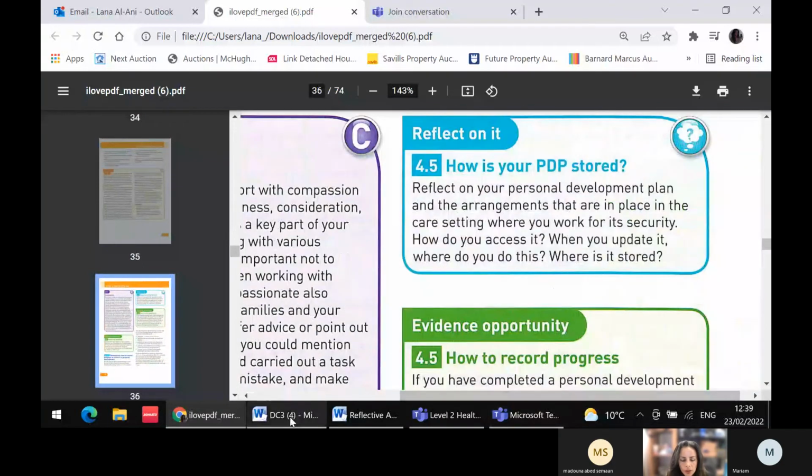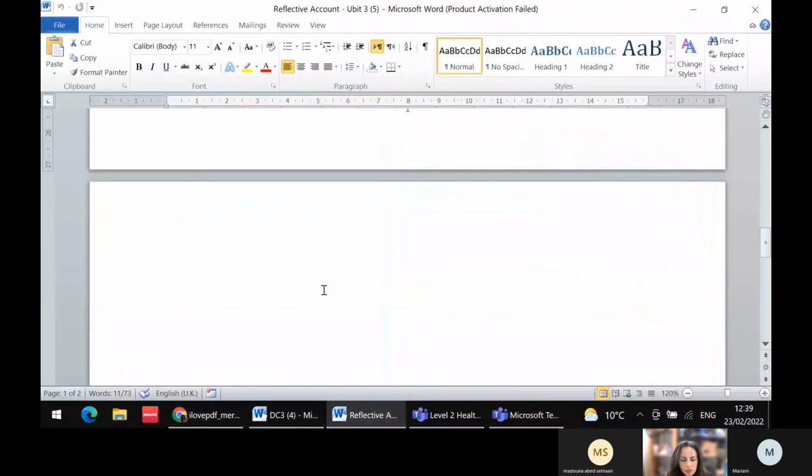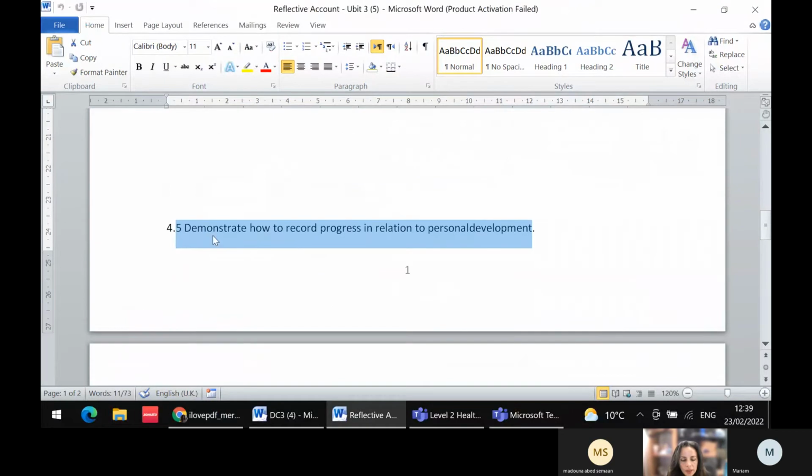Okay, so let us go back to the question again. This is the last one. Demonstrate how to record the progress in relation to personal development. So how can I demonstrate and record the progress in relation to personal development?